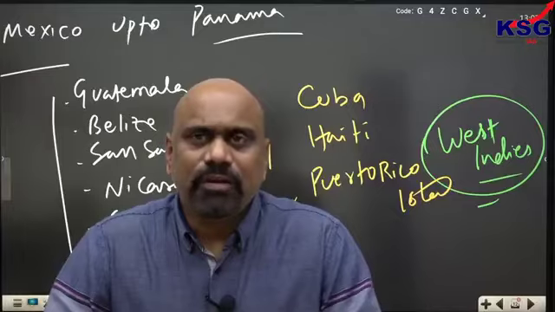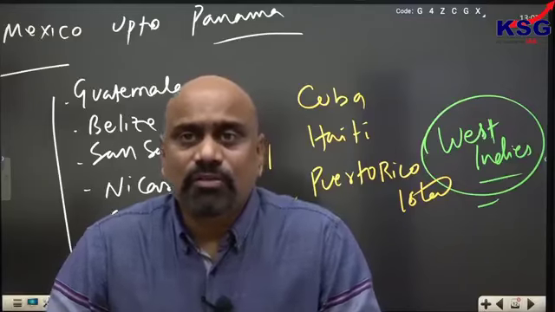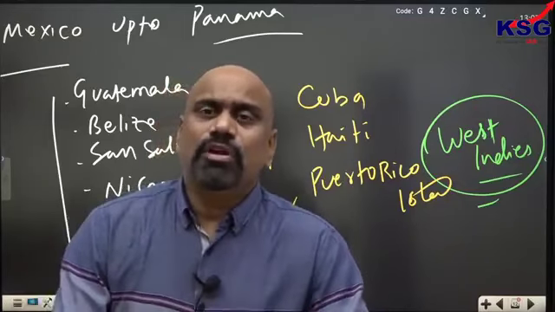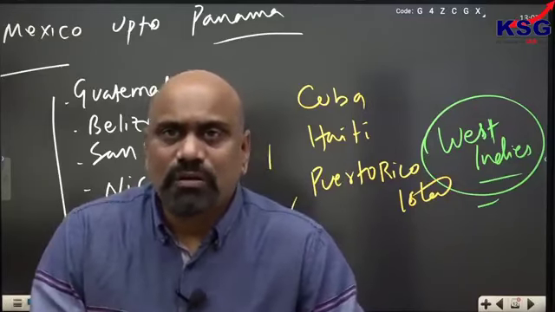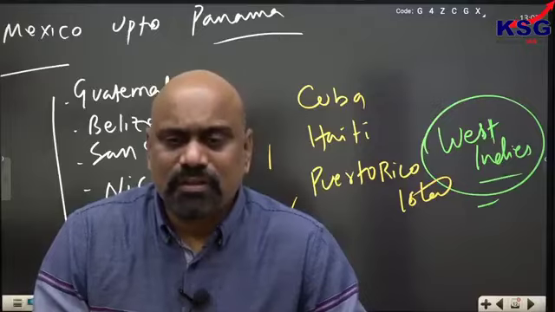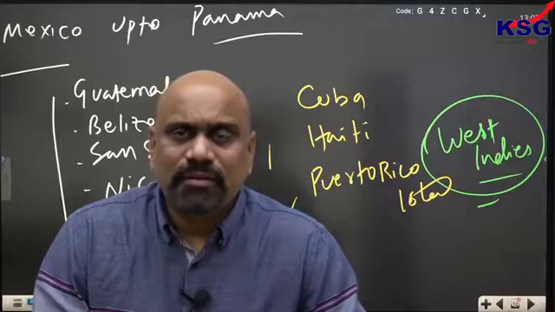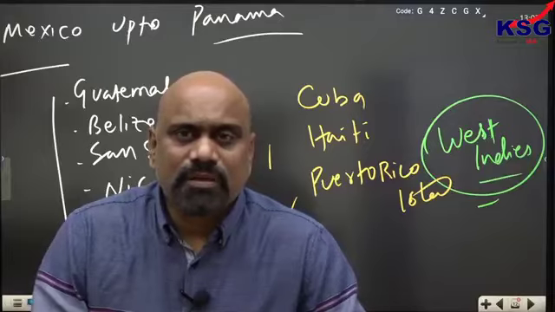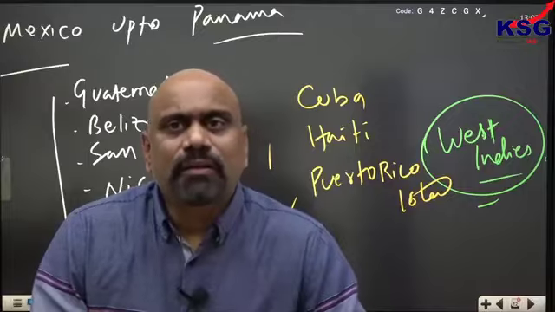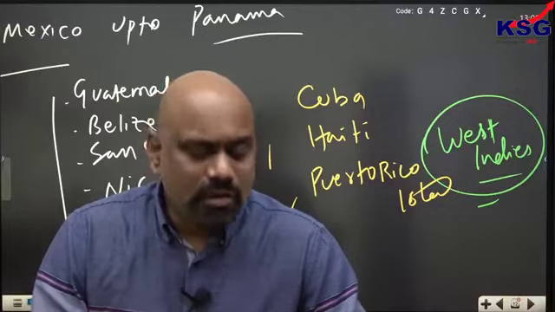You will find in the Caribbean Sea there are small countries. Cuba's capital is Havana. Cuba is known for tobacco and for sugar, among the largest producers of sugar in the world. No doubt the world's largest producer of sugar now is Brazil, but Cuba is also a major sugar-producing country. Cuban cigar tobacco is well known.